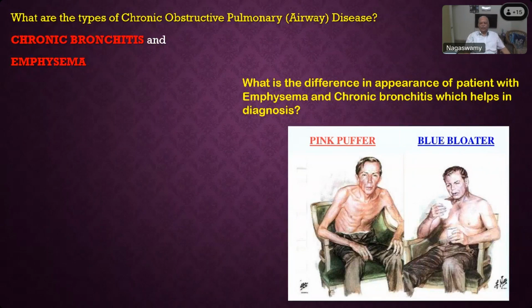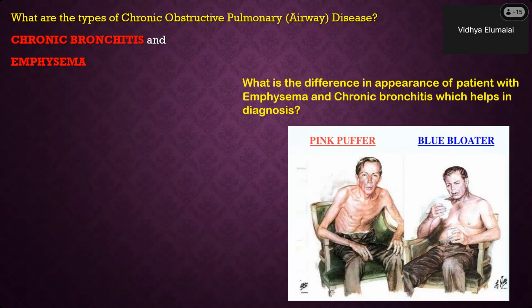Emphysema patients are pink puffers. Very good. Chronic bronchitis patients are blue bloaters because they are always a little bit cyanosed. They are in hypoxemia. Whereas the emphysematous patients are never in hypoxemia, but they always have labored breathing. They have pursed lip breathing and they find it very difficult to exhale.